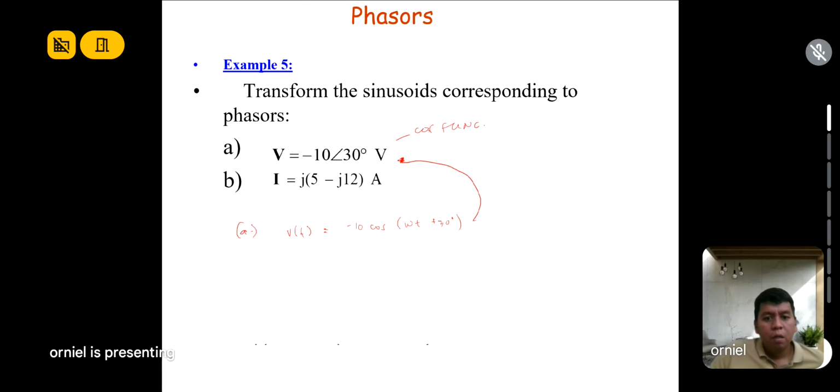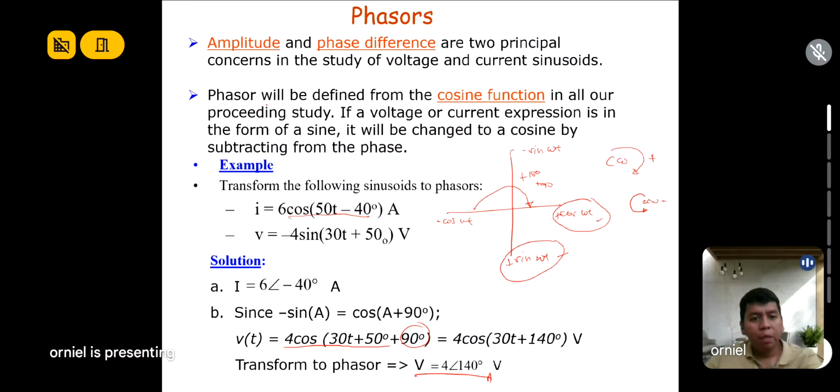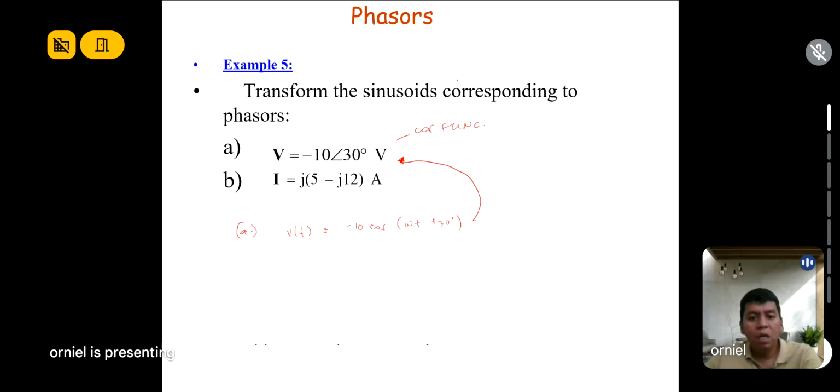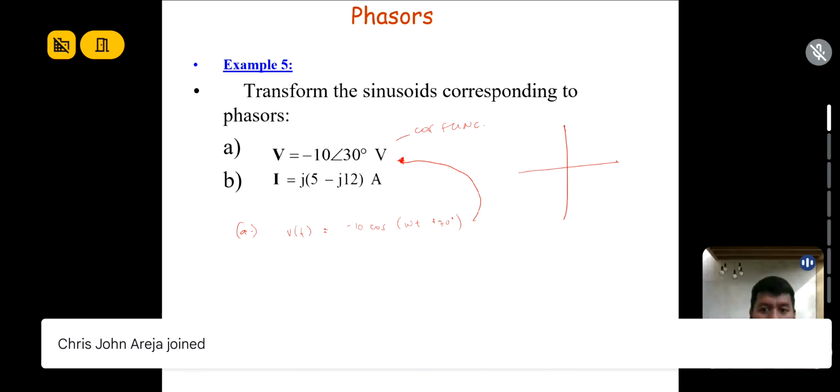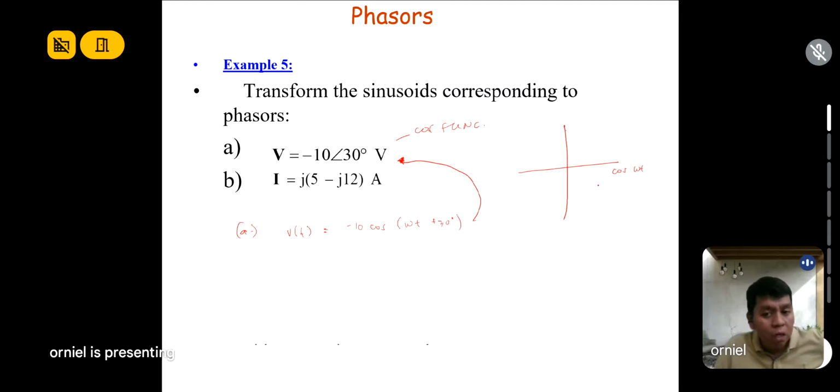We agreed earlier that the phasor is defined from the positive cosine function. So we convert this into a positive cosine function, since this is negative cosine. You have to know the location of positive cosine.